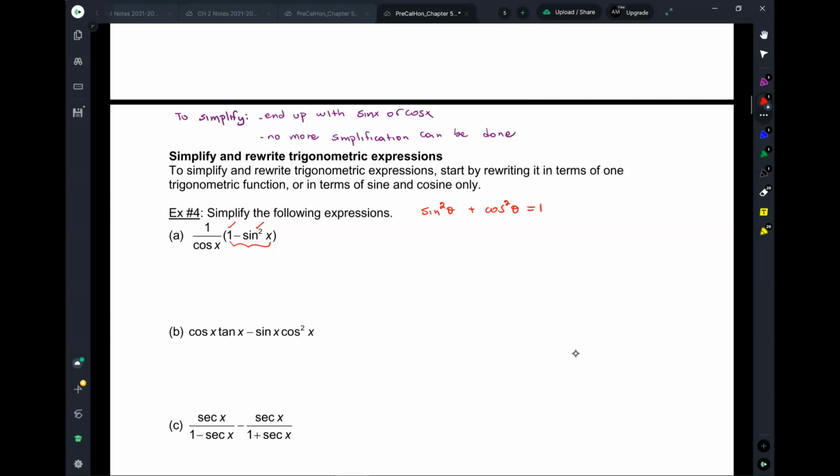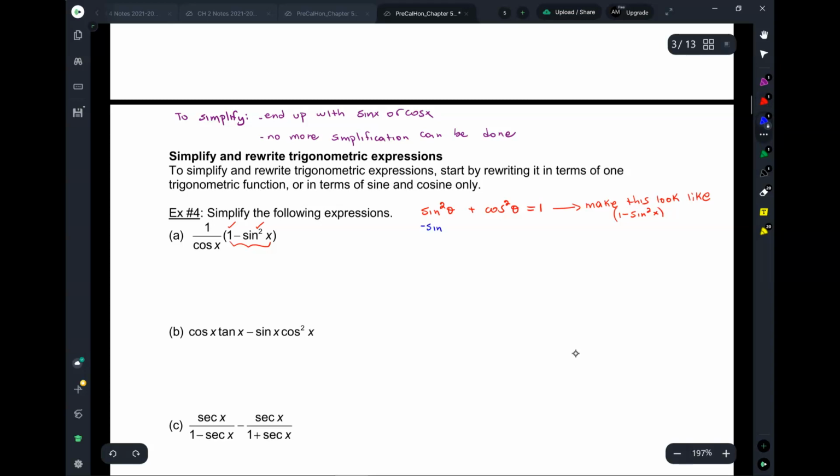What you want to do now is make this look like that term that you have, 1 minus sine squared x. How can you do that?